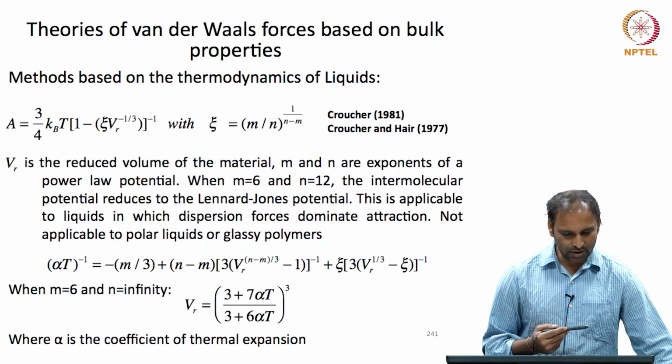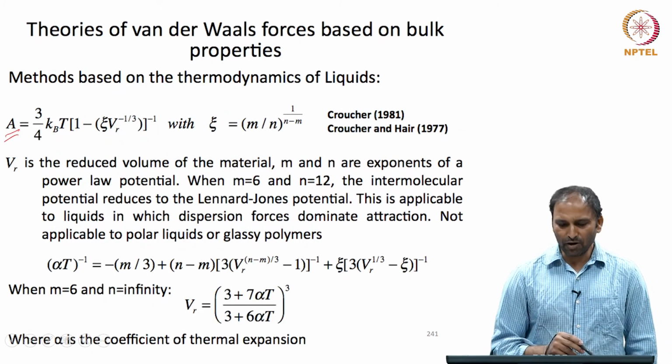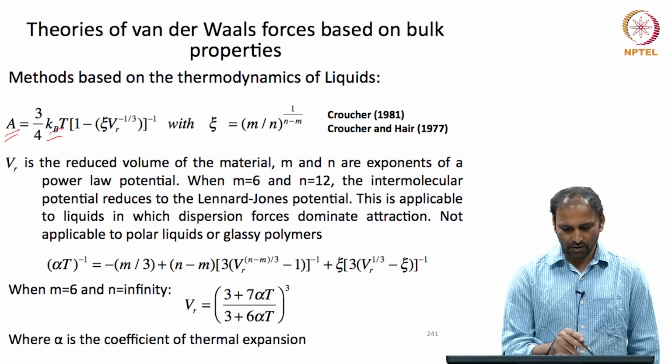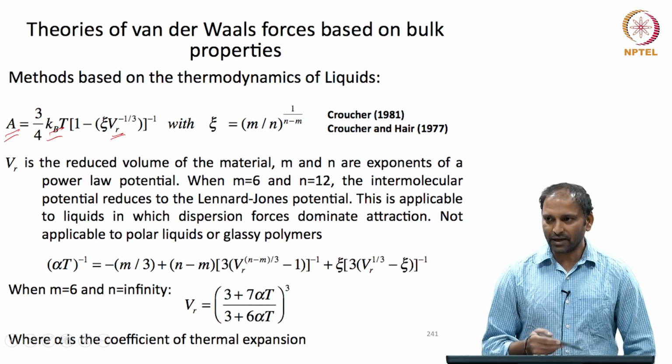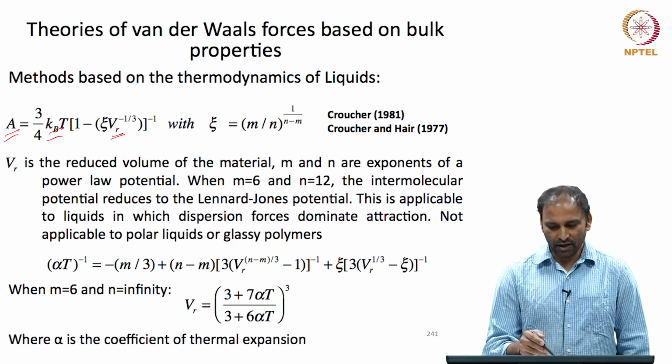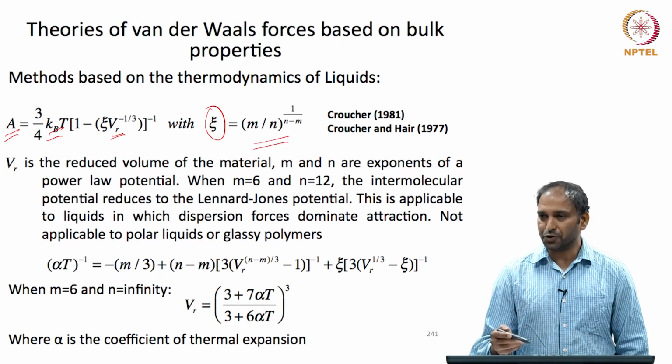So, the other approach is there are cases where I can relate A, which is the Hamaker constant, to the thermal energy and V_R, which is the reduced volume. And again there are expressions where I can relate this. This section essentially comes from the Lennard-Jones potential, right.